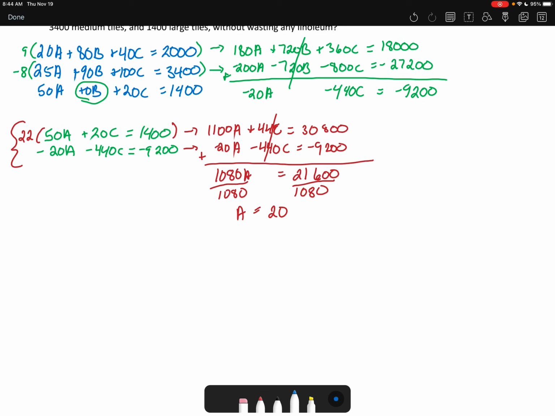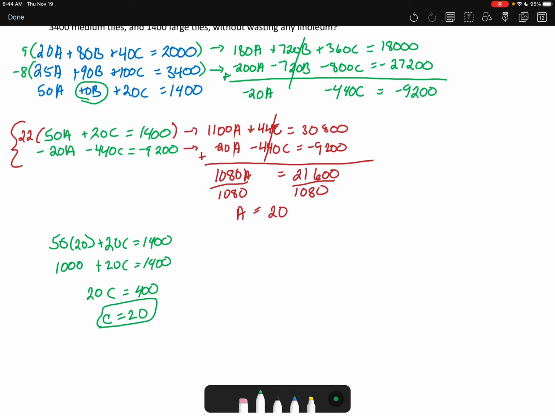So I'm going to choose to do 50 times A, which is 20, plus 20C equals 1400. So 1000 plus 20C equals 1400. Subtracting 1000 from both sides gives us 20C equals 400. And then dividing by 20 gives us that C also equals 20.